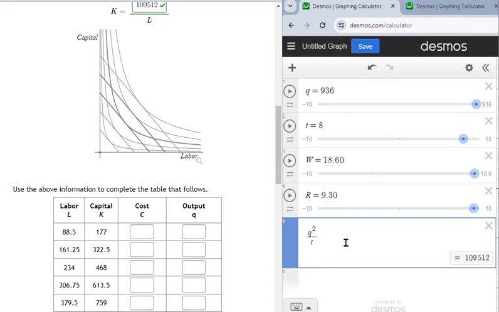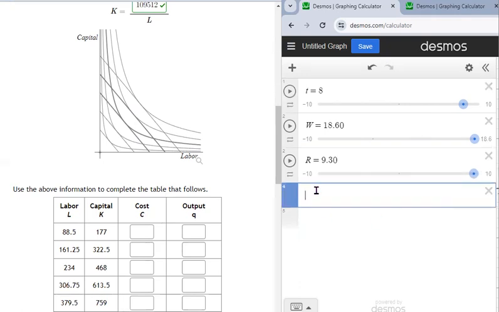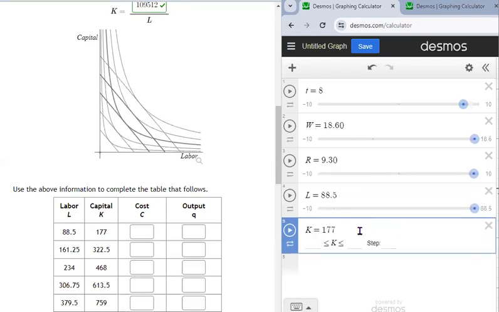All right, so we're going to use the information above. I'm going to delete this line, and I'm going to delete this Q here. I'm going to type L equal to 88.5 because that's the first labor quantity in our table. And then I also type K equals 177 there, right?